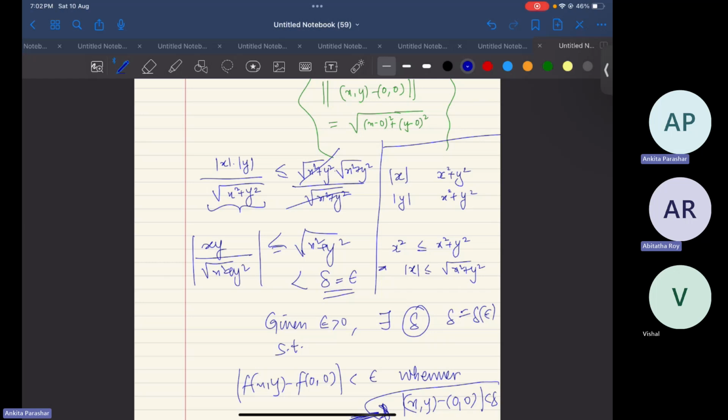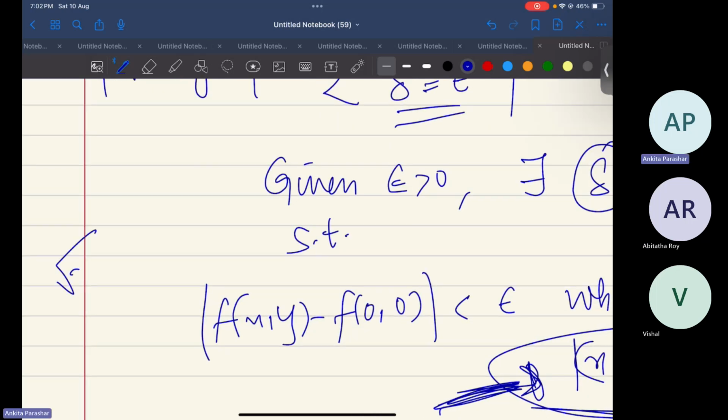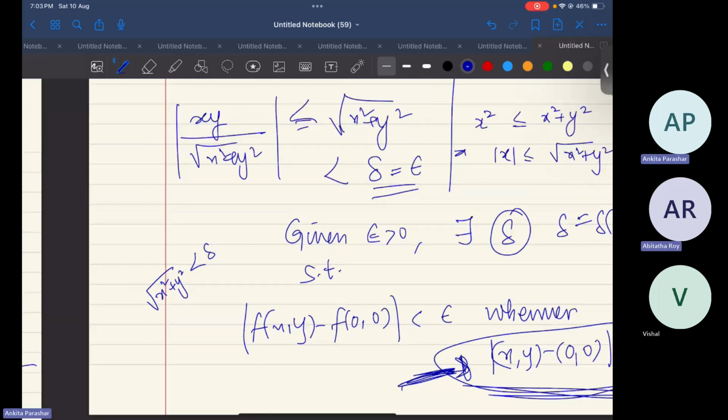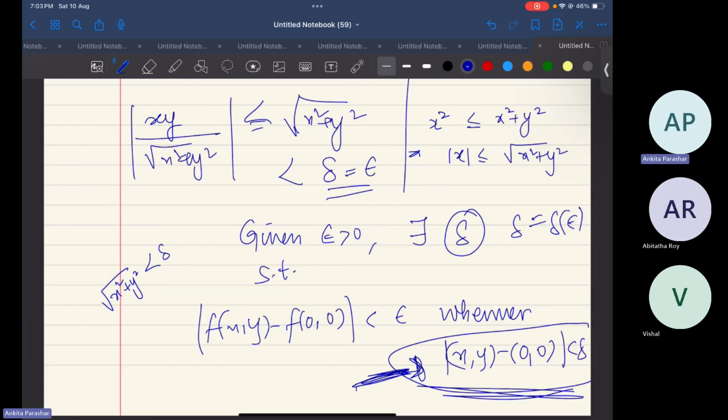We can also try one more way in this one. We know that root of x squared plus y squared is less than delta, strictly less than delta.